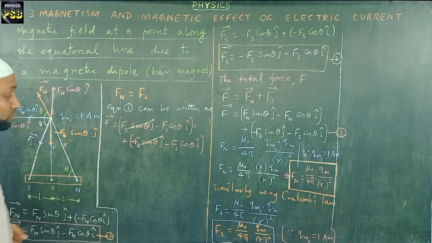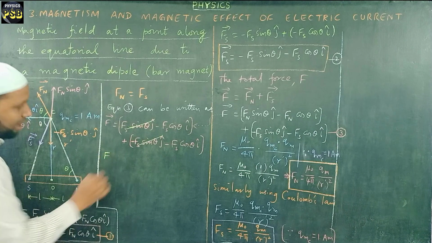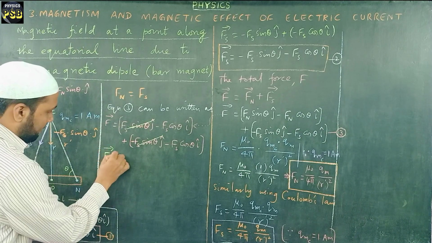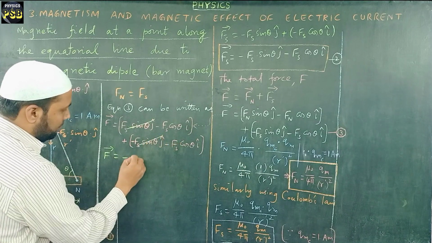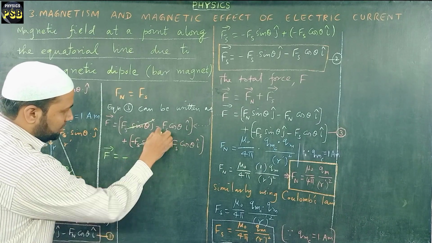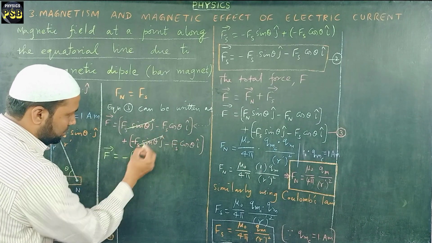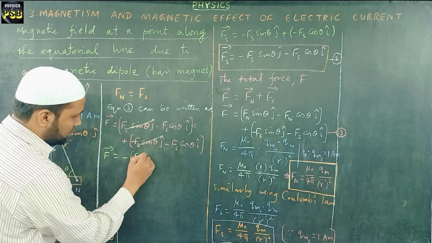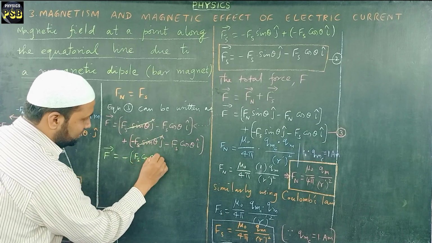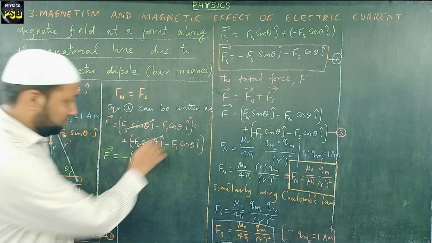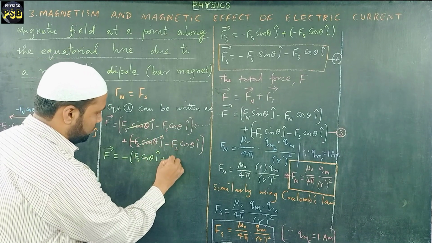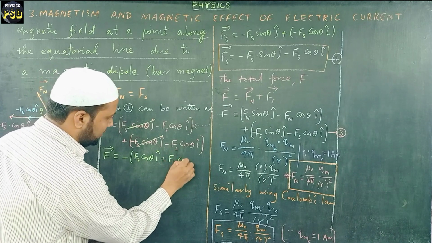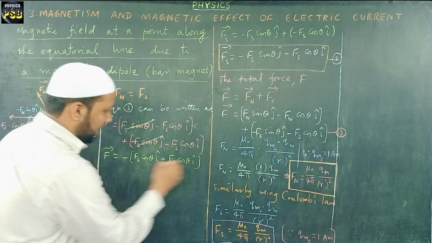So we get a new value for F vector, with the minus taken out common: Fs cos theta i cap added with Fs cos theta i cap.